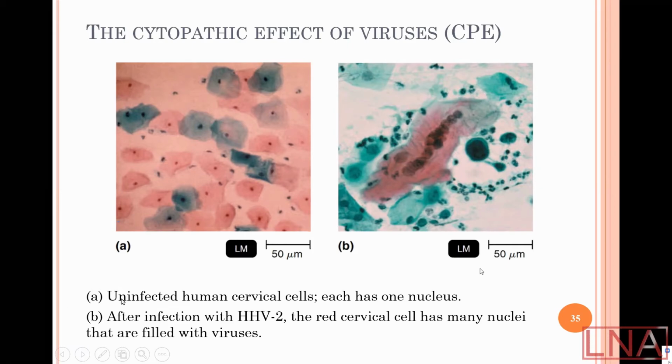Picture A shows uninfected human cervical cells, each with one nucleus. But after infection with human herpesvirus 2, the cervical cells have many nuclei. They are usually filled with the virus and become bigger.